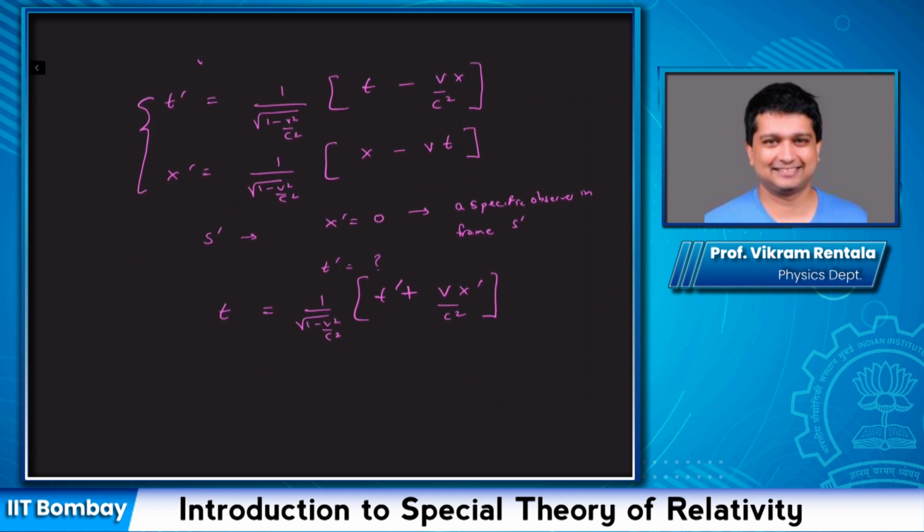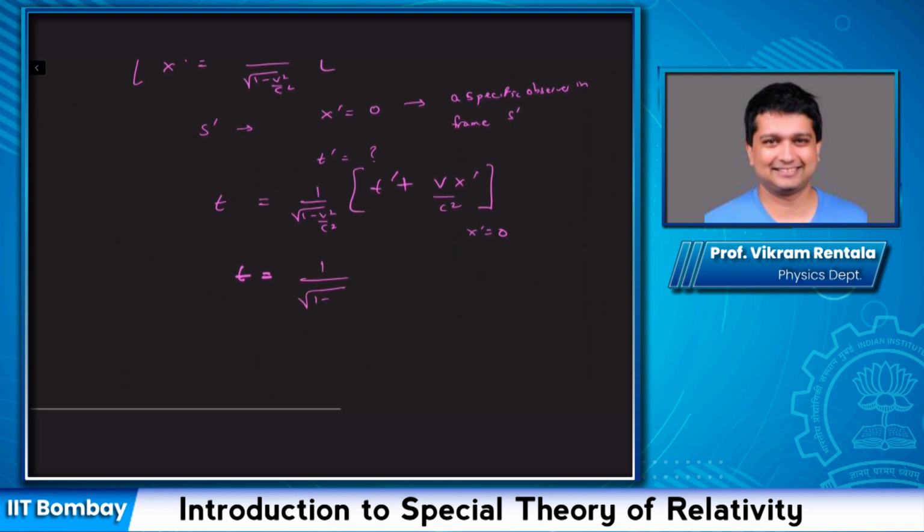And now, since we're fixing the observer to be at x prime equal to 0, that gives us t is 1 over square root of 1 minus v squared by c squared times t prime. This is an exact relationship. However, if we go to the limit that v is much, much less than c, then t is equal to t prime.